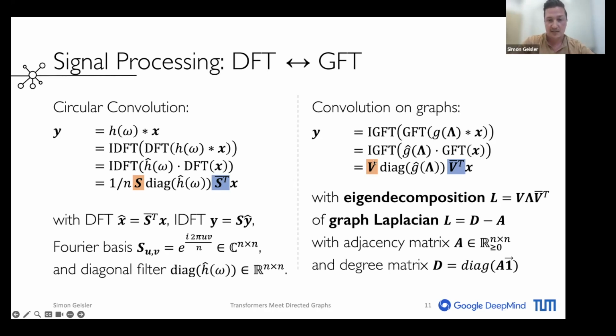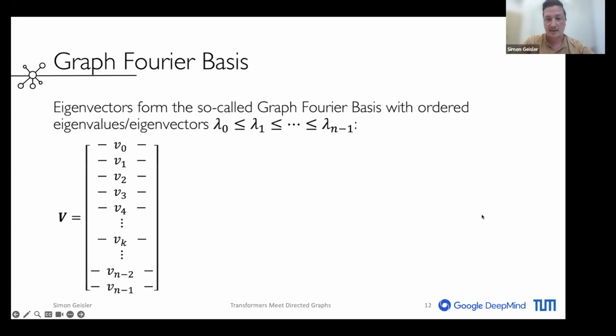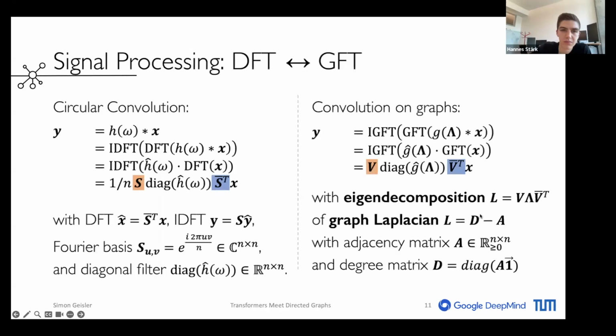But here we have this matrix V popping up, which is not the Fourier basis anymore, as we have it with the discrete Fourier transformation. Now we have this V matrix, which is the matrix of the eigenvectors of this graph Laplacian. So we decompose the graph Laplacian using this eigendecomposition, and then we obtain something very similar here.